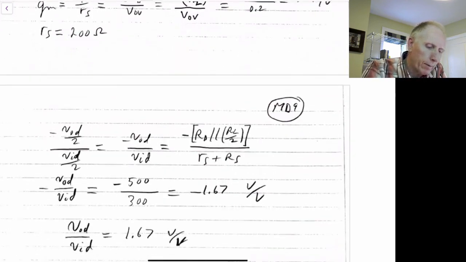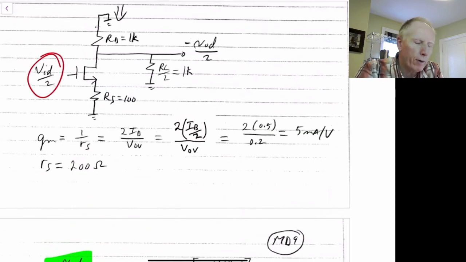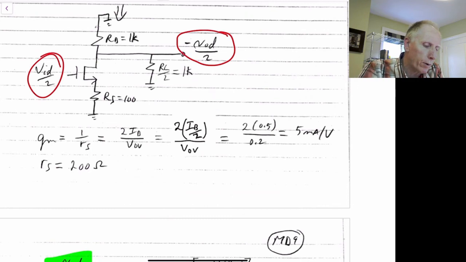Then we can write the gain for this circuit is given by minus V out over 2 relative to VID over 2. So in this circuit here, we're finding the gain from VID over 2 to minus VOD over 2, so the output differential, half of the output differential voltage. If you determine what that gain is, we have from before, it's given by this equation.